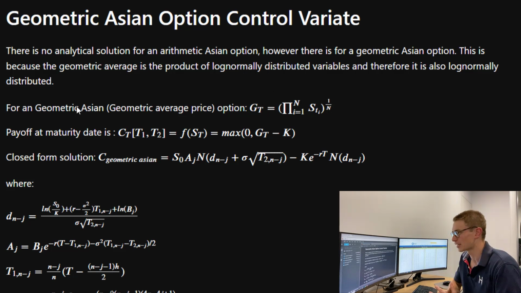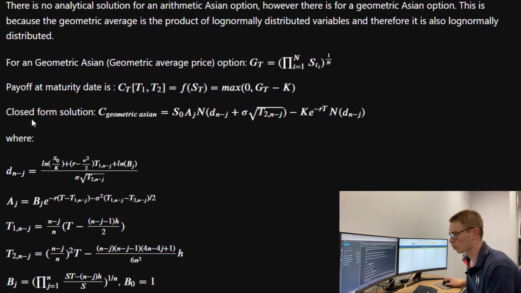So the payoff at maturity is again going to be priced the exact same way, except we're going to be substituting that arithmetic average for the geometric average. Now, this has a closed form solution because essentially we can rearrange the Black-Scholes formula to incorporate the fact that the geometric average is the product of log normally distributed prices, which is log normally distributed.